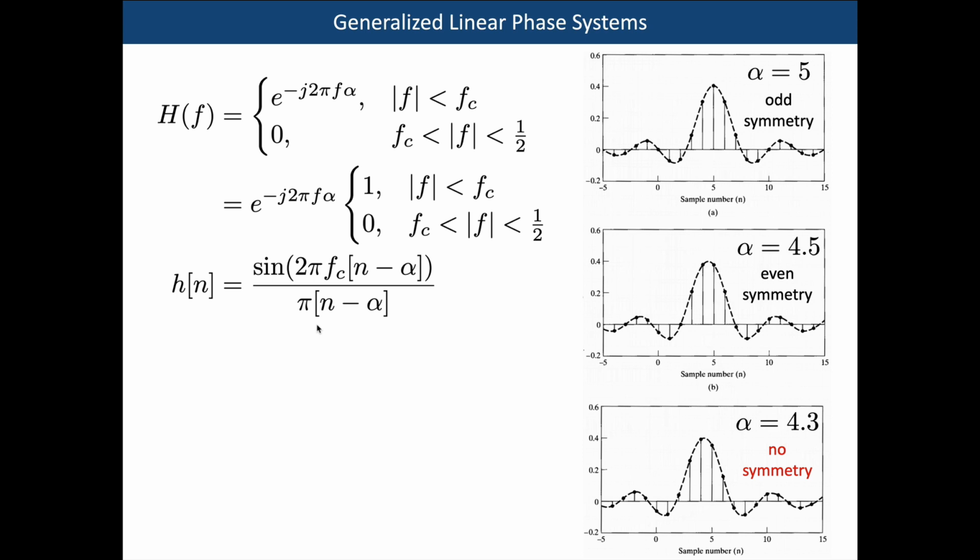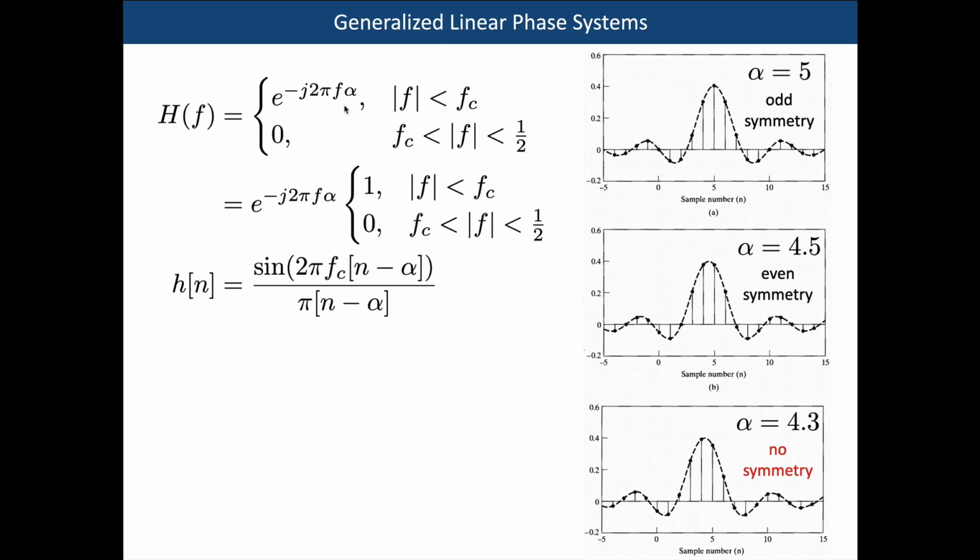This is going to be important to us because soon we're going to be designing filters. And if I want to design a filter that has constant group delay, which could be an important thing, I need to understand how to do that and what that would imply about the impulse response.